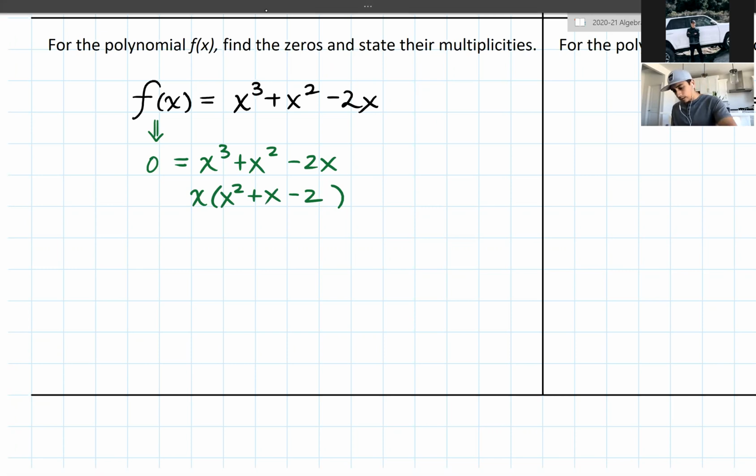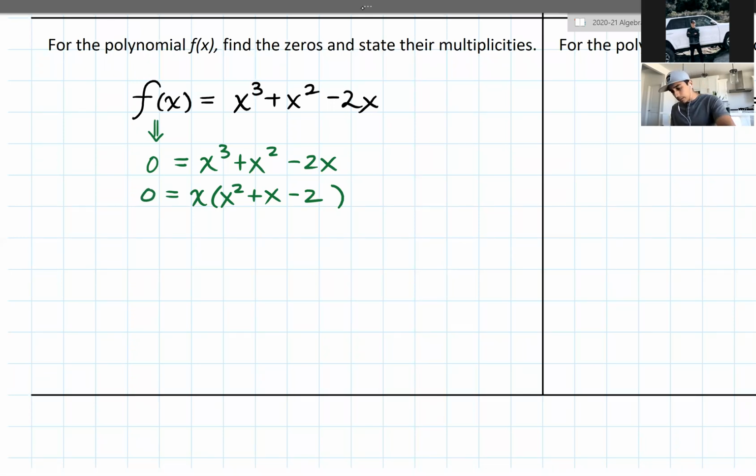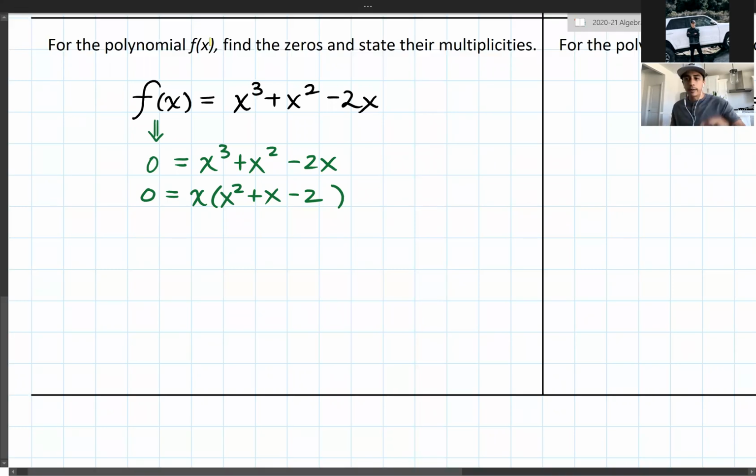Okay, so now we bring down equals 0. All right. But before you decide, hey, I'm going to split it right now and try to find solutions, you're looking for 3 solutions, right? You have x as one factor, and then you have the trinomial as another factor.